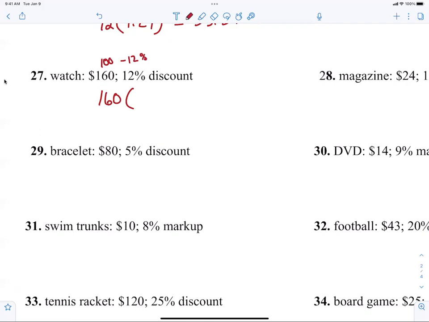Oh, so 88. That's right. And how do I write 88%? Yes, ma'am. That's exactly correct. So now do that for me, which is 159.12. Now, does that make sense to you? Yeah. You have to understand if it's a discount, you subtract, markup, you add.